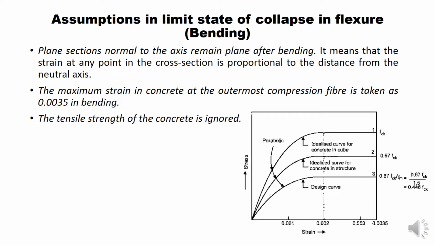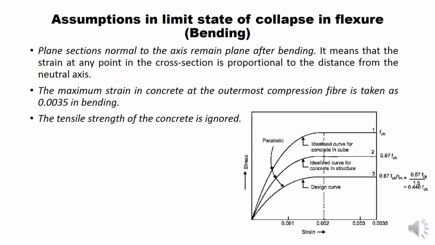Whenever you make a setup for any real life problem, we make certain assumptions, and they come automatically when we consider that problem. So what are those assumptions? The assumption here is that plane sections normal to the axis remain plane after bending.